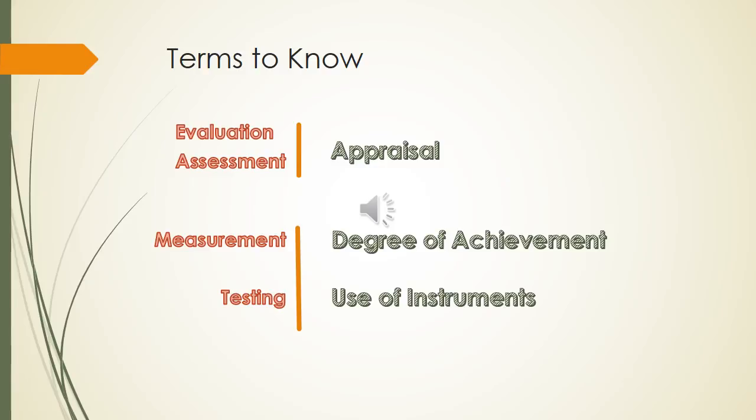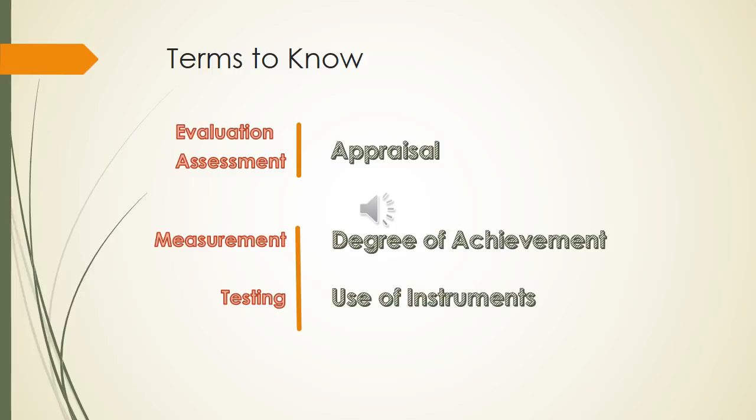Measurement and testing talk about degrees of achievement or use of instruments. So there we're more interested in how much has the item increased in value, increased in usefulness, increased in knowledge. Or decreased too. It could be decrease as well as increase.